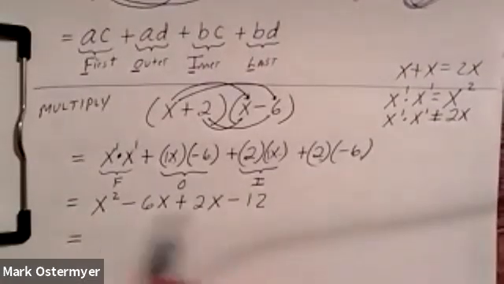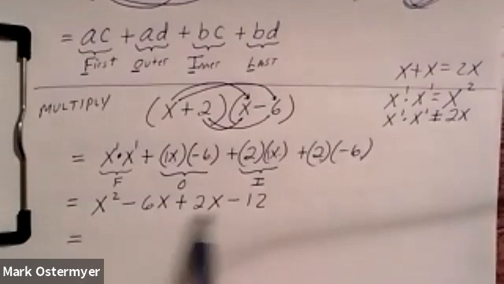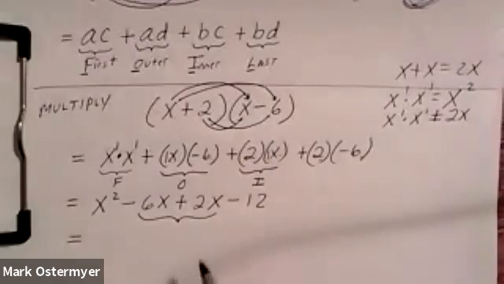Now, are there any like terms that should be combined in here? Don't leave your answers with like terms uncombined. Always try to combine like terms. Negative 6x plus 2x. These are like terms. Please do combine them. This is not considered to be simplified.